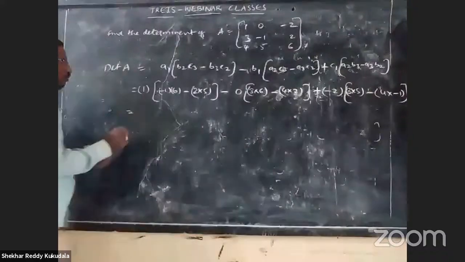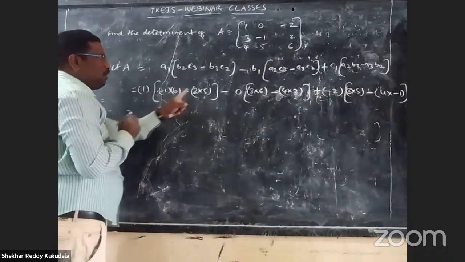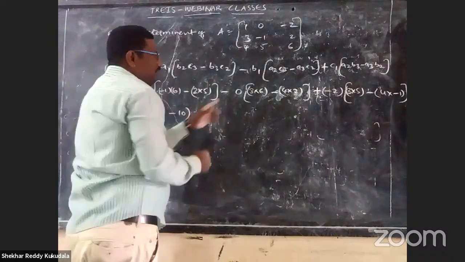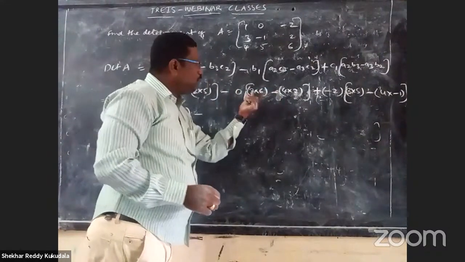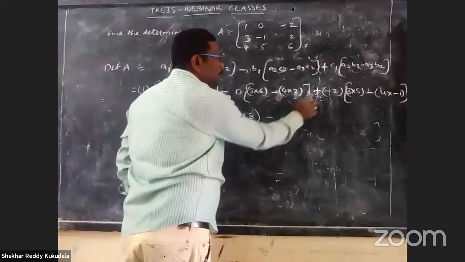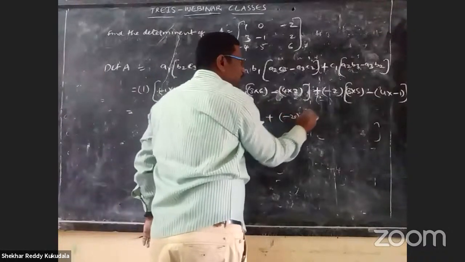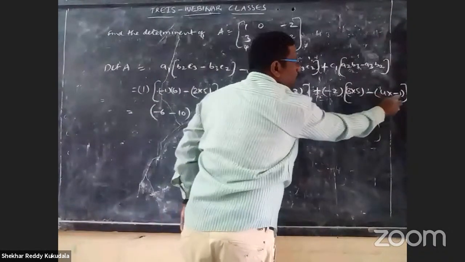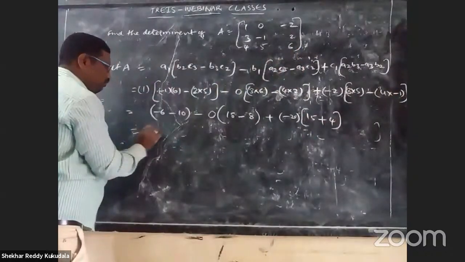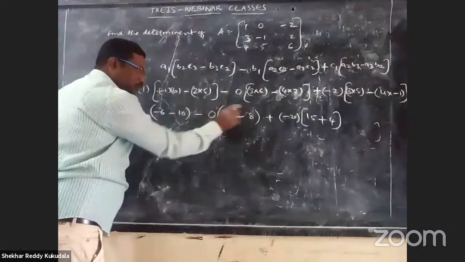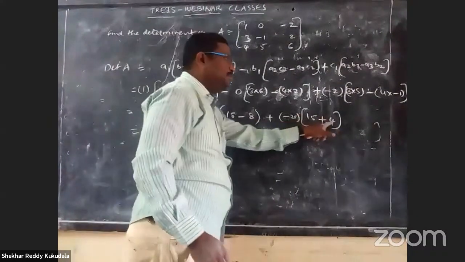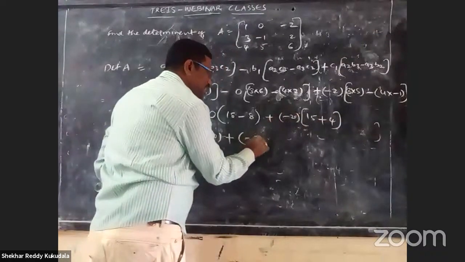So 6 minus 10 is minus 4, into 1 is minus 4, minus 0 into whatever is there; no need to simplify. 15 plus 4 is 19, into minus 2 is minus 38.